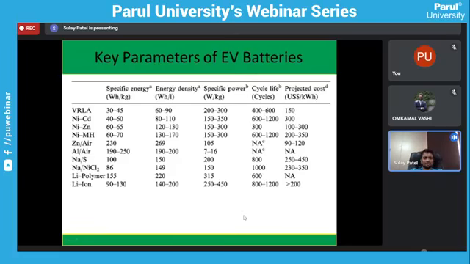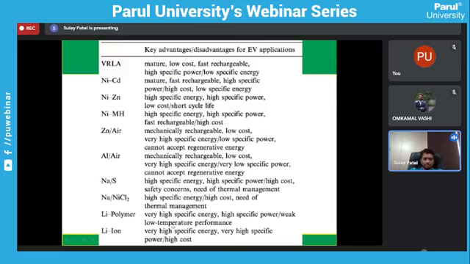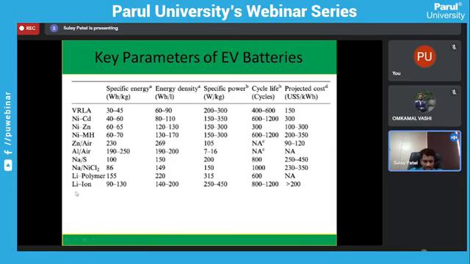Over here you can see the key parameters of EV batteries, and you can see that lithium ion batteries have the maximum advantage, the best specifications. But the cost of this lithium ion battery is much more than the VRLA or lead acid battery.